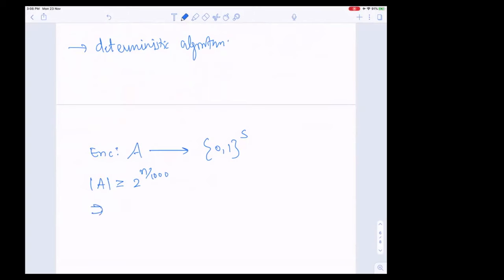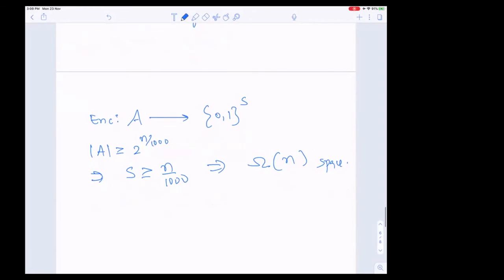That implies that s has to be greater than or equal to n over 1000 by a similar argument as before, which will imply that we need omega of n space, even to do a 1.1 approximation. So the whole objective is to come up with such an A.